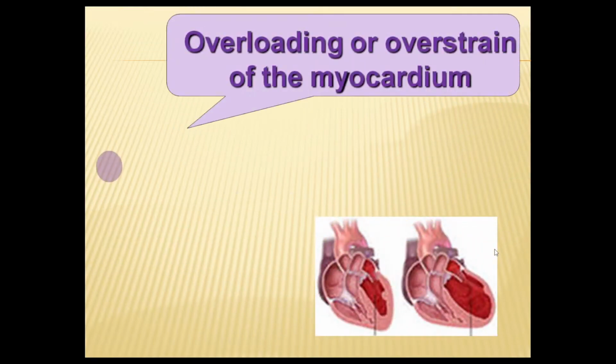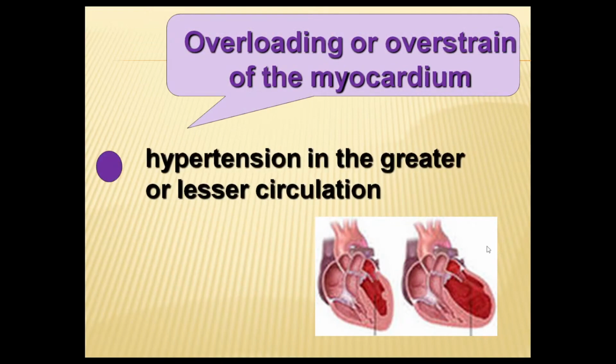We said about overloading and overstrain of the myocardium, when the primarily healthy heart is unable to adequately eject some blood volume. First of all, due to hypertension in the greater circulation, which is a provoking factor of left ventricular failure, or in the lesser circulation, right ventricular failure.